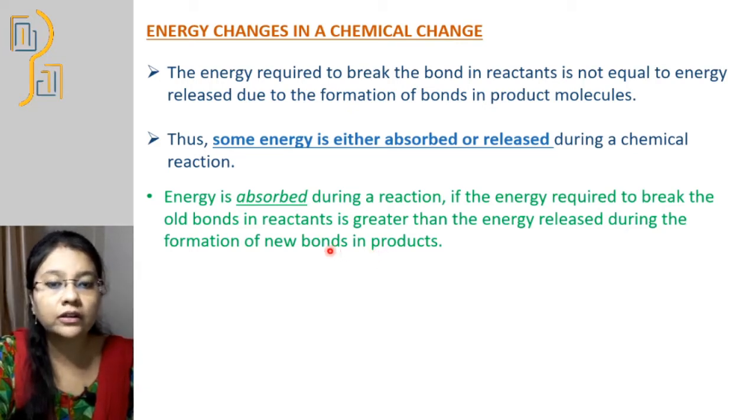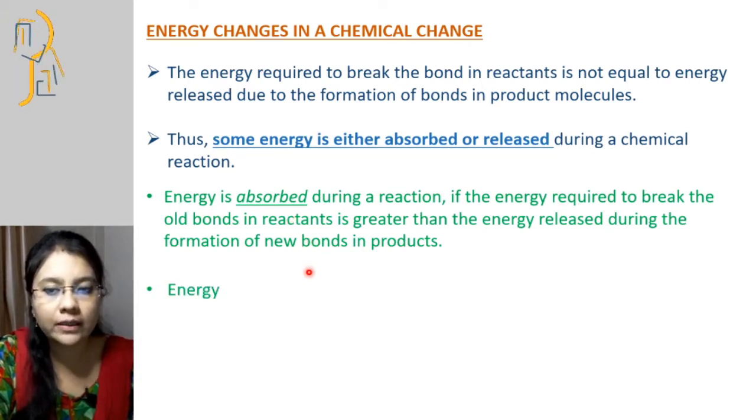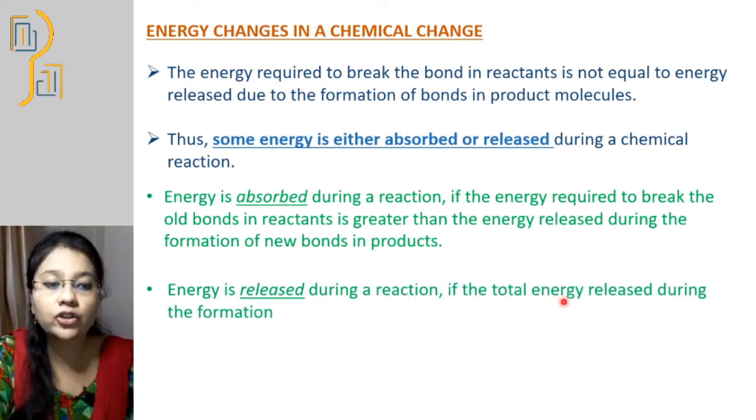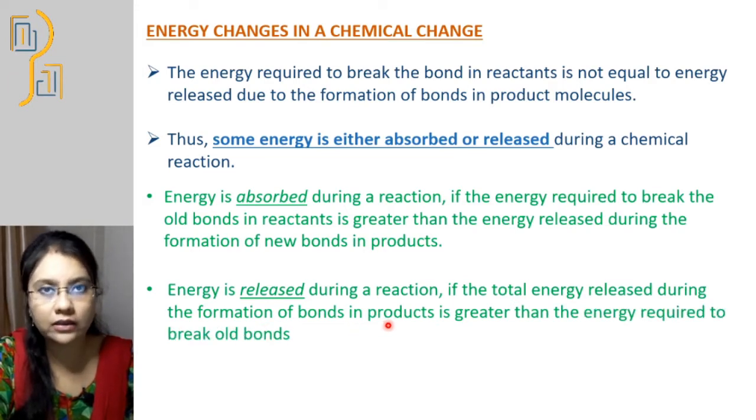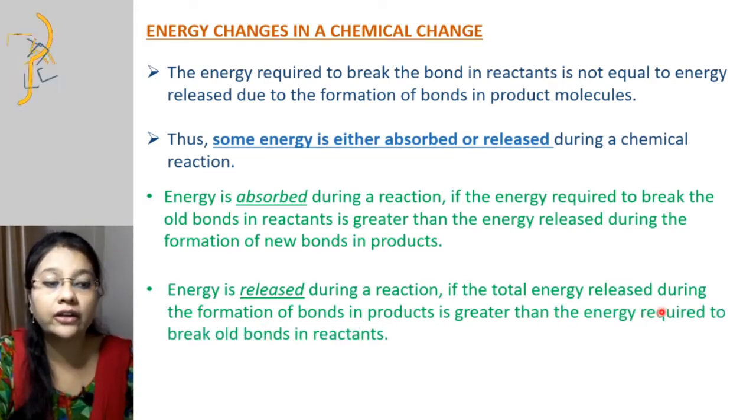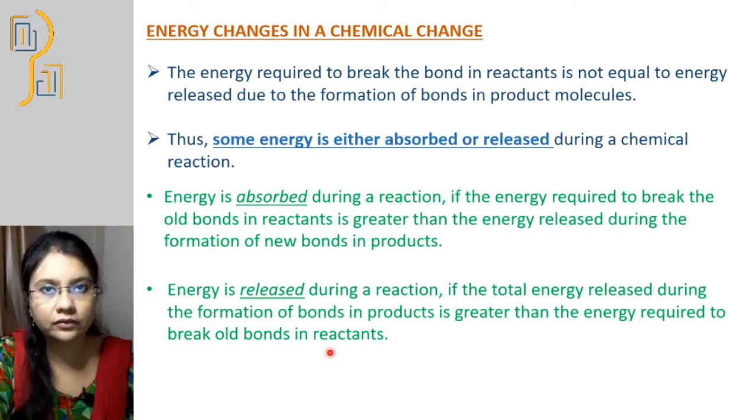So if the energy required to break the bonds is greater than the energy released due to the making of new bonds, then overall energy is absorbed. Similarly, energy is released during a reaction if the total energy released during the formation of bonds in products is greater than the energy required to break old bonds in reactants.